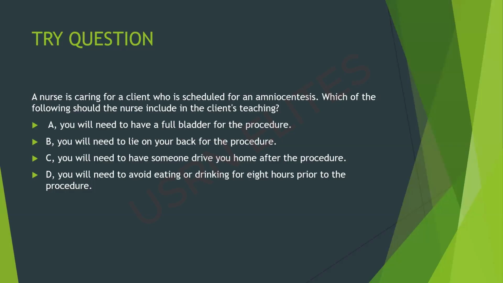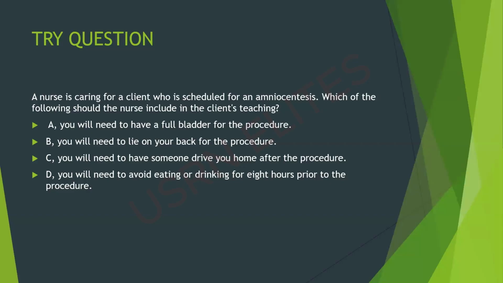But the mother has a risk when there are cramps and bleeding. So considering the priority, C will carry the priority more than A. And even with the fact that you need a full bladder in early pregnancy, early here will be somewhere below 14.